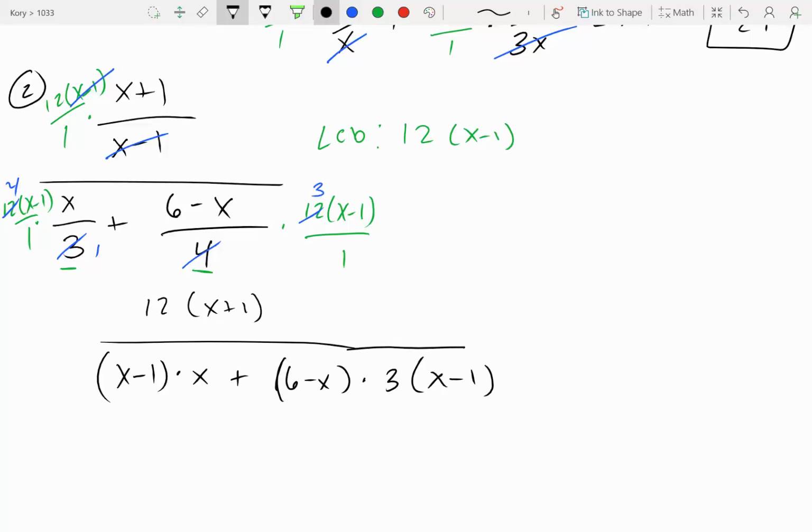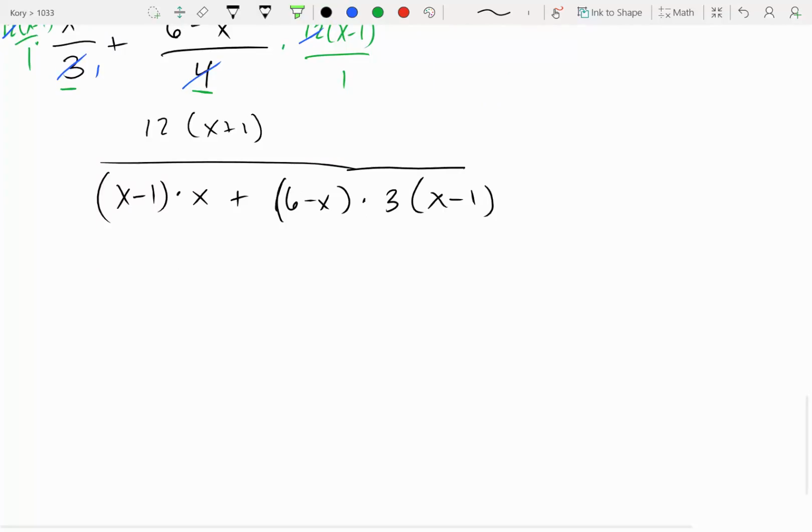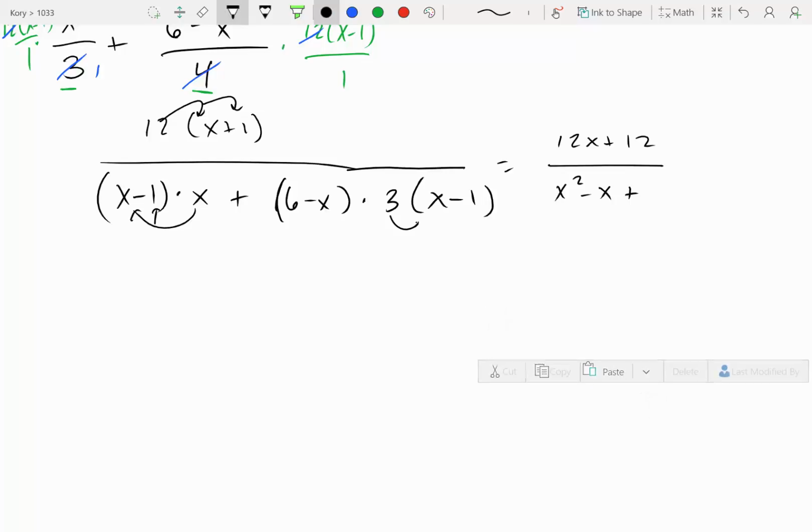Now we're going to simplify as much as we can by distributing. So we have 12x plus 12 over, we're going to distribute this, x squared minus x plus, you see how we have this 6 minus x times 3 times x minus 1? So let's distribute this 3 first.